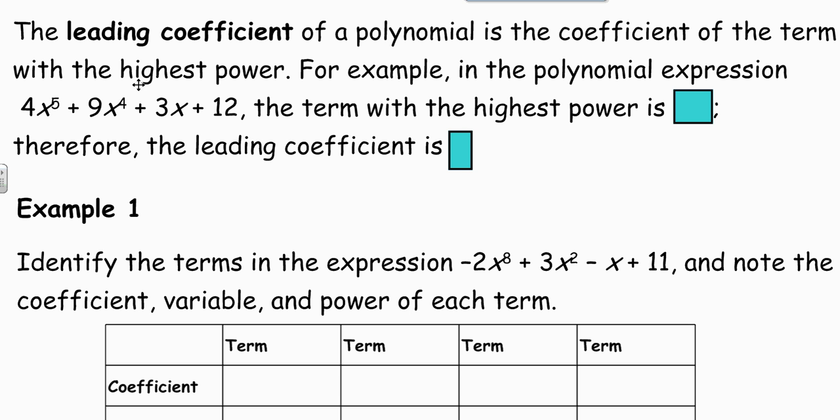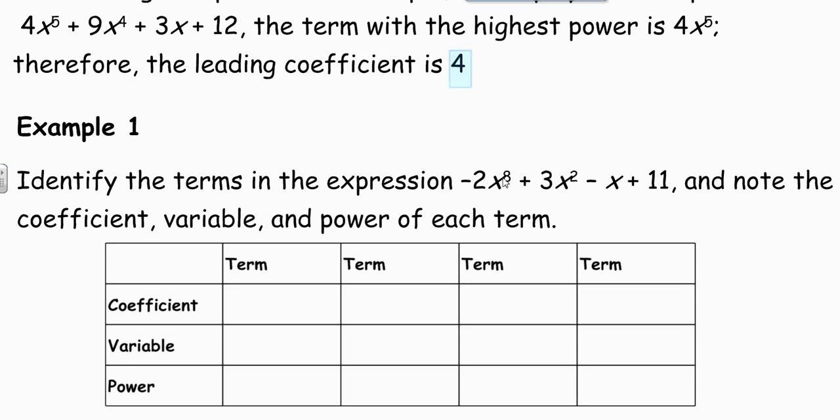For example, in the polynomial expression 4x to the 5th power plus 9x to the 4th power plus 3x plus 12, the term with the highest power is 4x to the 5th power, therefore the leading coefficient is 4.